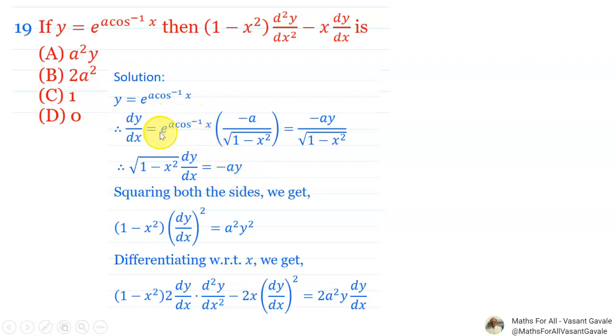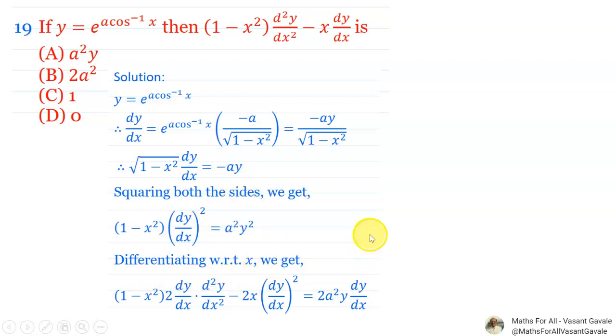Again, what is the value of e raised to a times cos inverse of x? That is y. Therefore minus ay upon in root of 1 minus x square, हे divided by इकडे multiplied होणार in root of 1 minus x square into dy by dx is equals to minus ay, squaring on both sides. Then you will get here 1 minus x square into dy by dx bracket square is equals to याचा स्क्वेअर किती येणार a square y square.